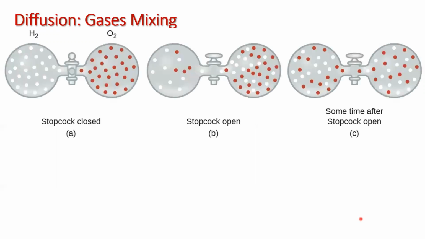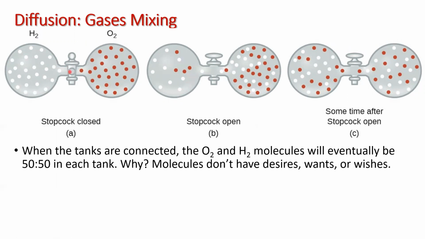So when we deal with mixtures of gases and diffusion, we've got this little illustration here. We've got a container filled with hydrogen gas, and a container filled with oxygen gas, and there's a stopcock separating the gases. If we were to open the stopcock, the hydrogen molecules are going to start to diffuse towards the right, and the oxygen molecules are going to start to diffuse towards the left.